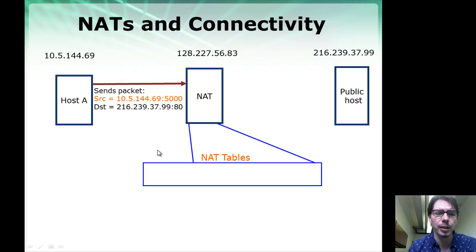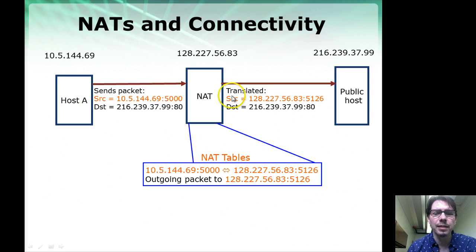So the way the NAT generally works is your private machine sends a packet with the destination of your public host, for example, a Google search website. The NAT will take that packet and translate the source to be the address of the NAT and generate a new port for that connection. The destination is the same. What changes is just the source.